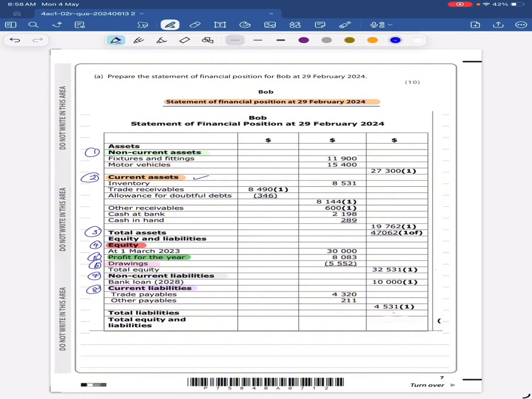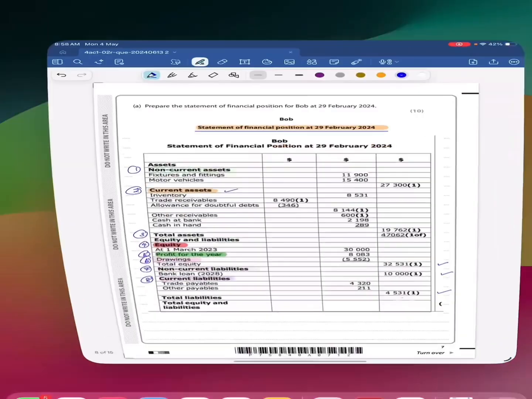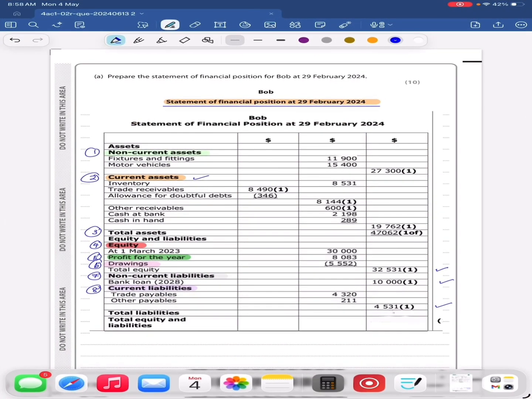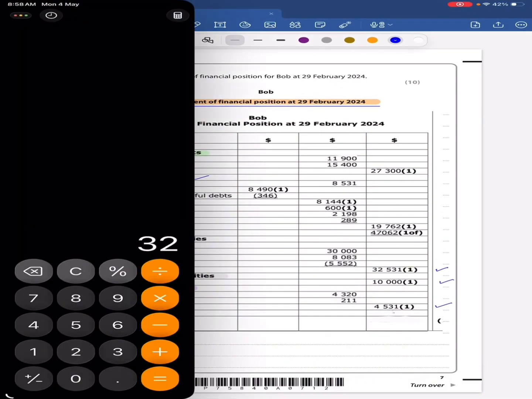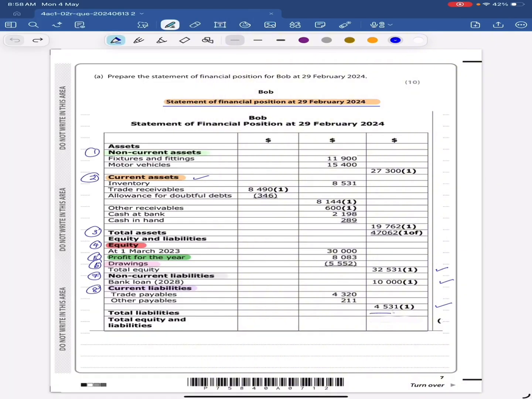Now add the equity section, non-current liabilities and the current liabilities. $32,531 plus 10,000 plus 4,531 should give 47,062.